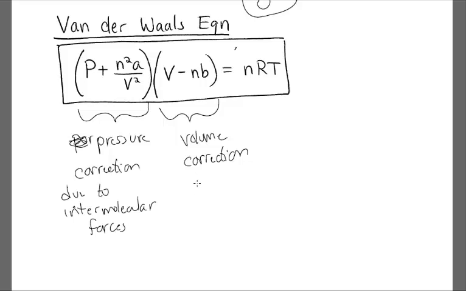So if you pack a lot of particles into a space, the volume is actually going to be less than what you measured. If you put them all in a container and there's a lot of them in there, they take up space, so the volume gets corrected. Okay, so the volume correction is due to less volume available when there's lots of particles.